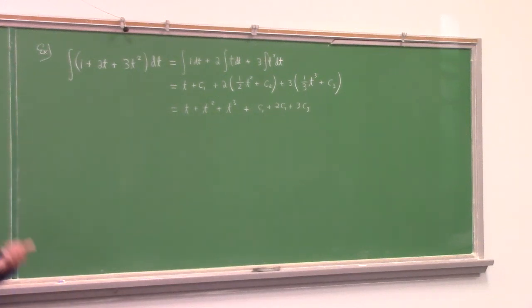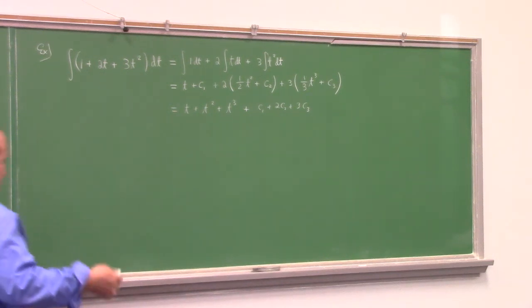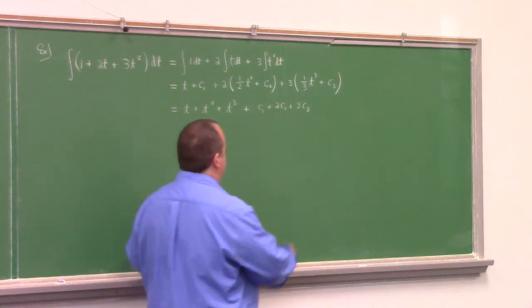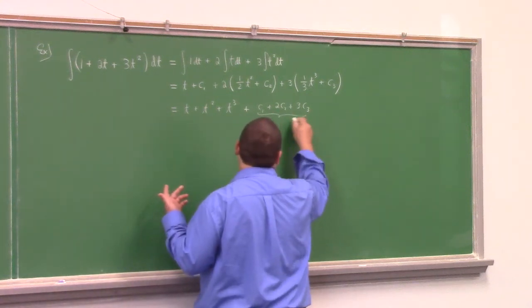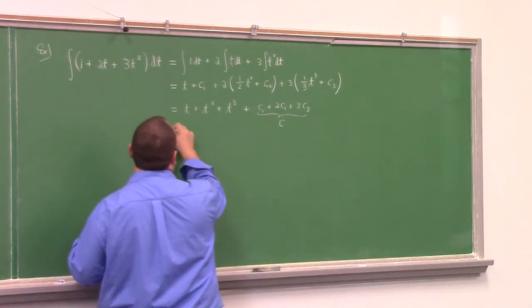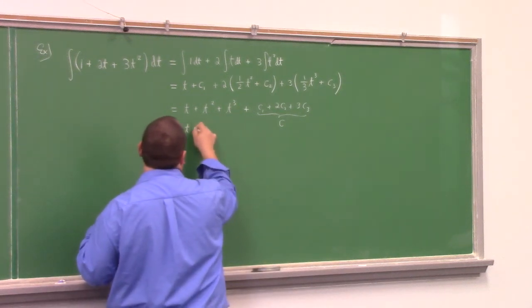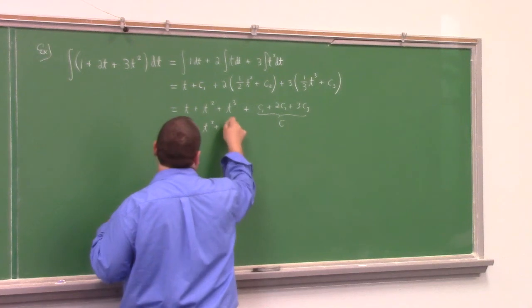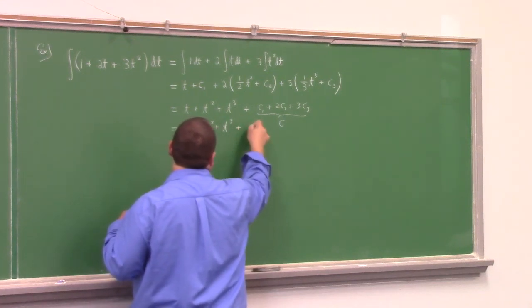The thing is, c1, c2, and c3 are arbitrary constants. So when you're faced with something like this, you don't really need 3 letters where just one will do. We might as well just call all of these collectively c, because it's some constant. So the indefinite integral here is t plus t squared plus t cubed plus a constant.